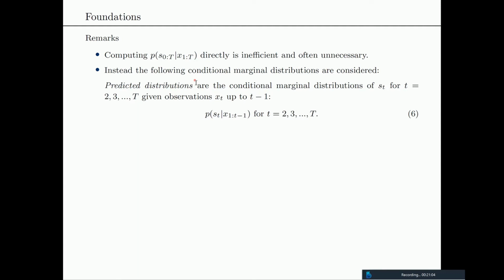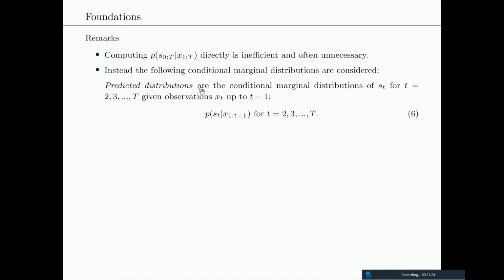So in Bayesian filtering, one deals with so-called predicted, filtered, and smooth distributions. And what are those? Because these are the things that are actually created based on the observations when dealing with state space models.